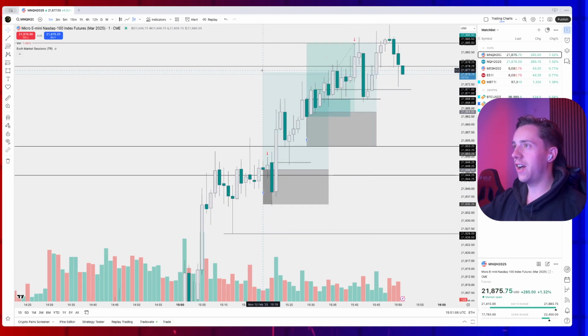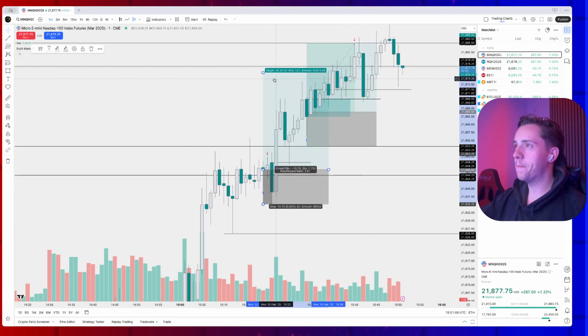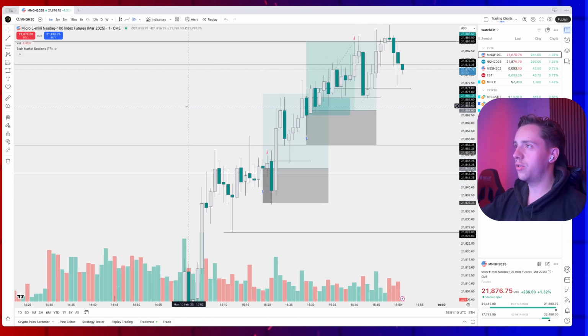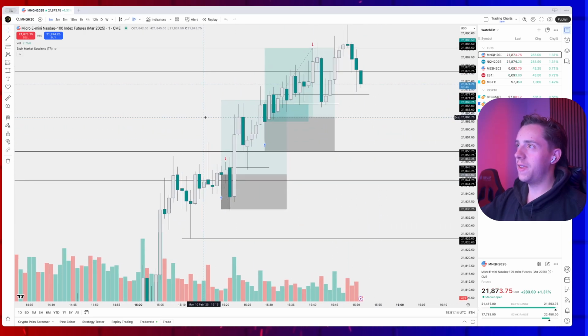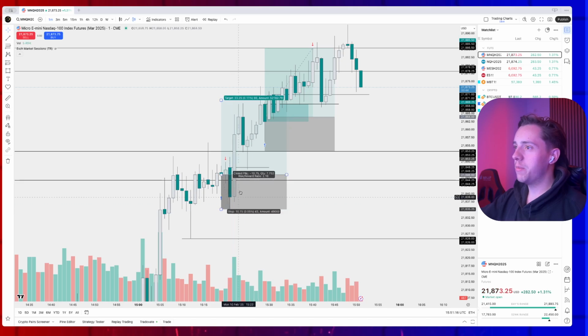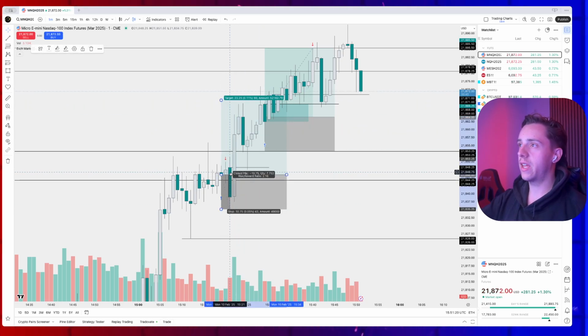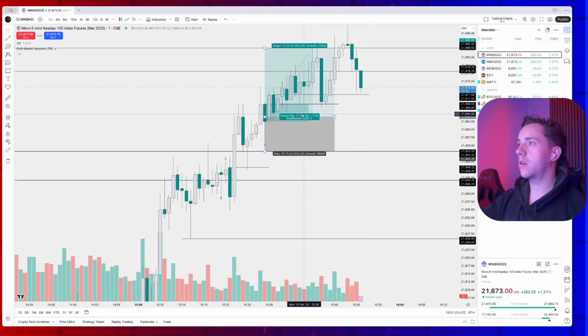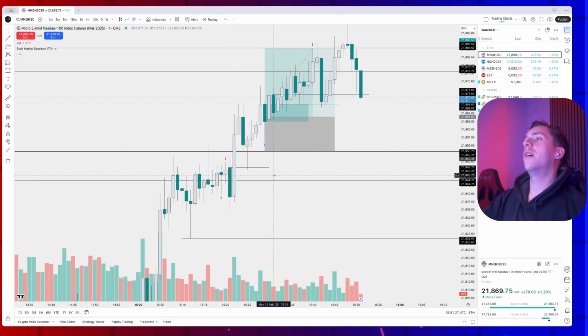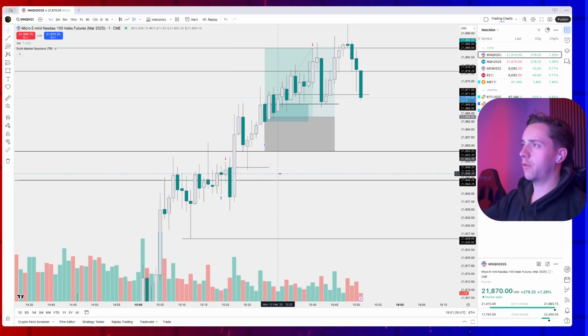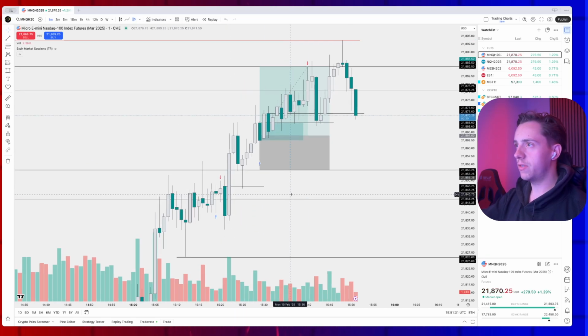I was targeting like a 2.6. And you can see how it would have basically wicked me out and then gone to my TP. I decided to exit earlier because I noticed that I was really nervous. That's a sign to exit for me. So I exited for minus 27, which is basically break even.